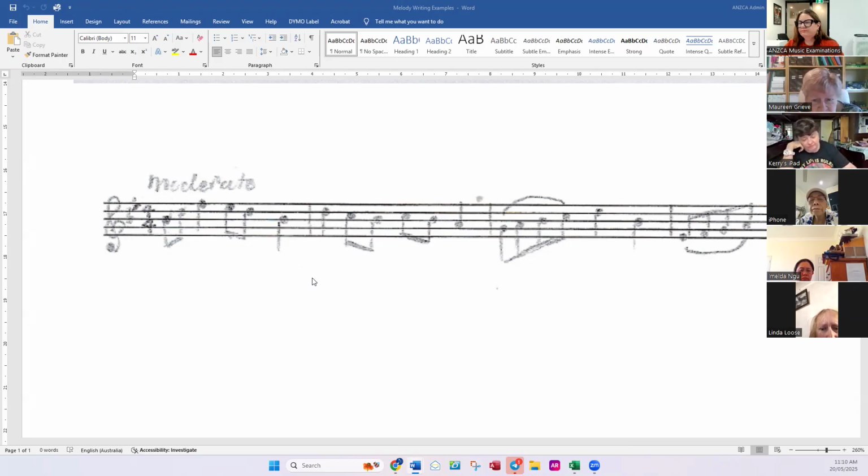Also, if you look from bar 3 to bar 4, you've got a D down to a B flat down to an E flat. You've got a really huge leap down. Two big intervals next to each other just doesn't work very well.